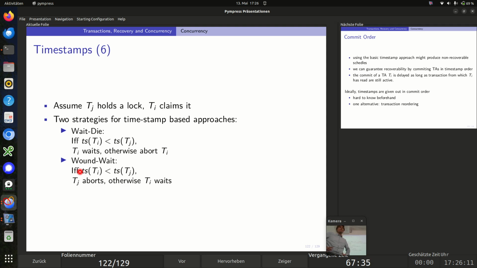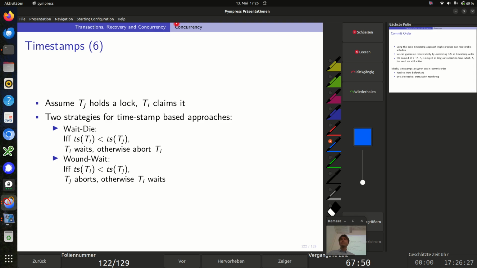So let's suppose that it holds all the locks. And then TI, we said that it is older because we have a relationship with die. So TJ holds the locks, for example on A and on B. Those are the only two.